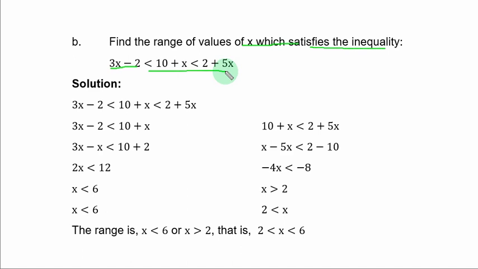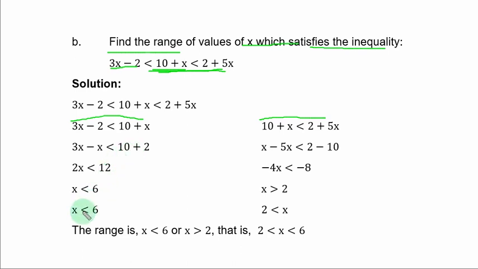For you to solve easily, you have to break it down. The middle term, 10 plus s, connects the first term and third term. If you break it down, first term and second term form one inequality, second term and third term form another inequality. So you solve them respectively by collecting like terms.